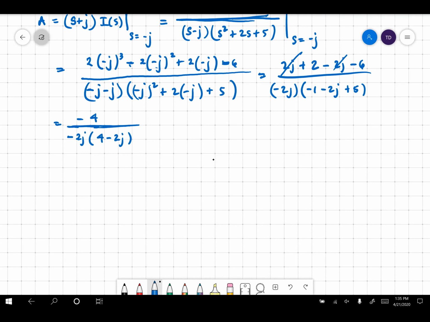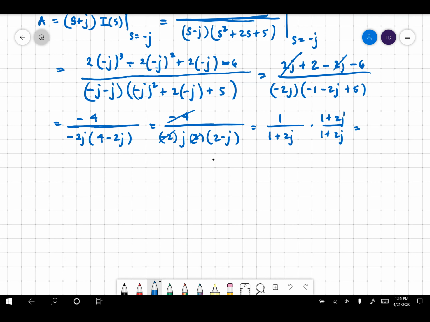I can factor a 2 out of that, so it's minus 4 over 2 times 2 minus J, and the minus 4 cancels with that. So this is equal to 1 over 1 plus 2J, times 1 plus 2J over 1 plus 2J, equals 1/5 times 1 plus 2J.